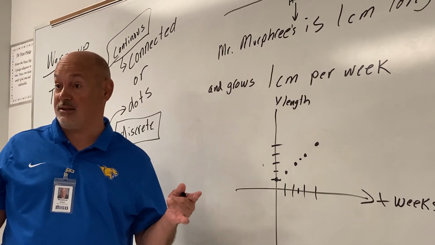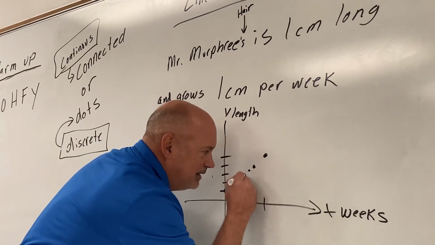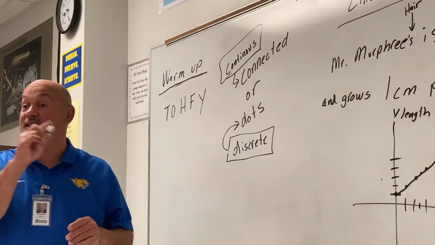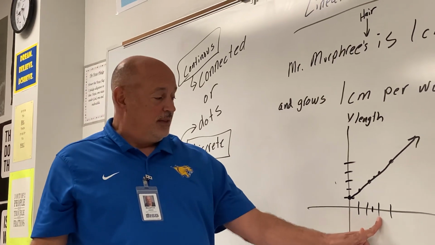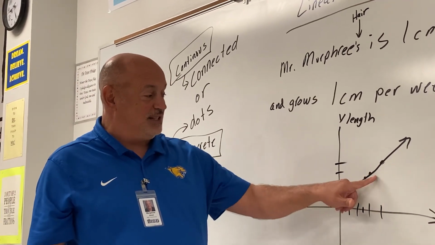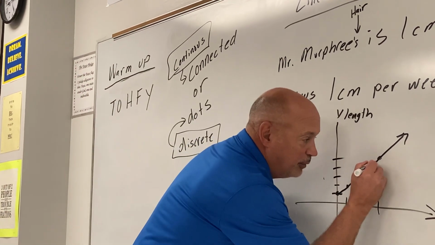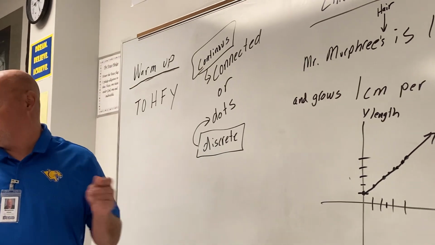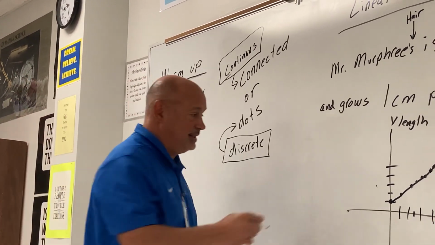So in this graph, we need to connect it because Murphy's hair can be measured and has a length in between any of these decimals. Between 3 weeks and 4 weeks, it's going to be somewhere between 4 centimeters and 5 centimeters. It might be 4.7, 4.2, but every number in there could be the length of my hair. Does that make sense? This is continuous.